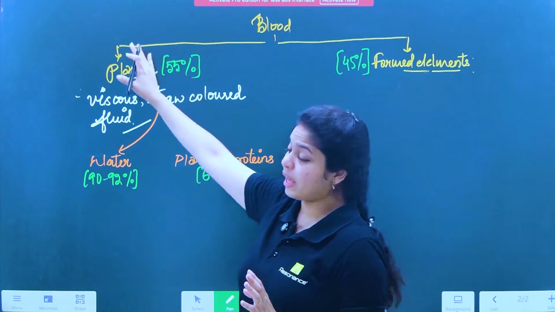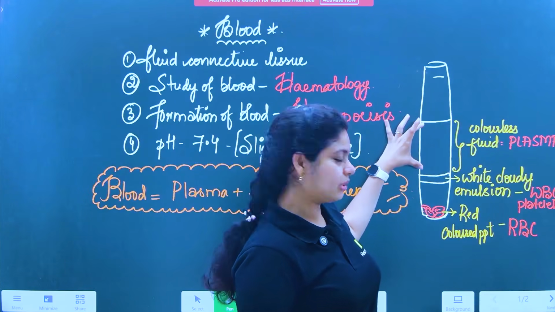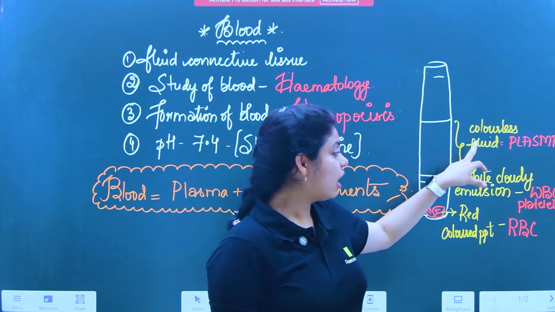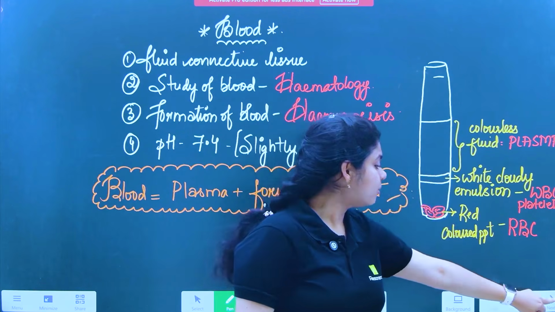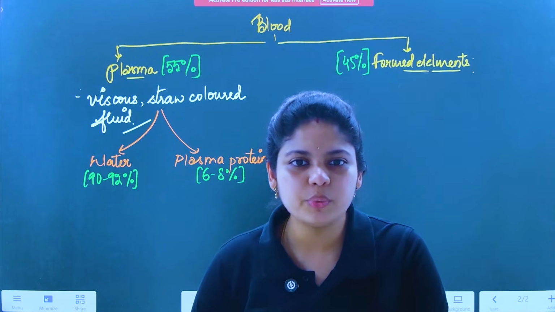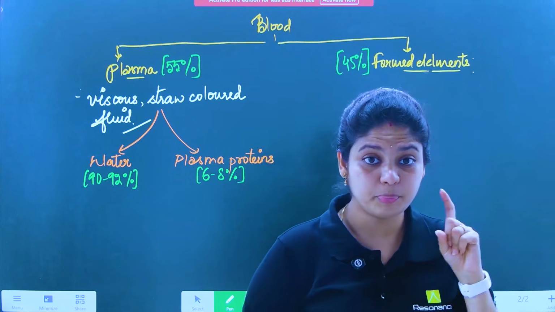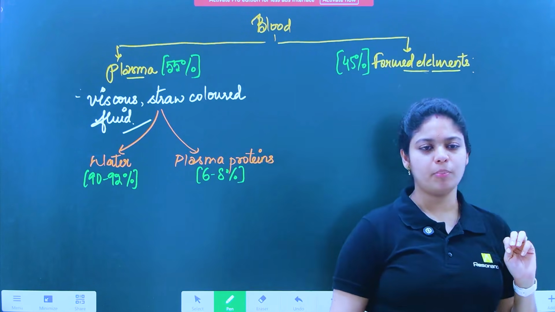So what is plasma? In the previous diagram, this part is what is called plasma. The straw colored viscous fluid, which is the component of blood, is what is called plasma. It is having two different compositions.